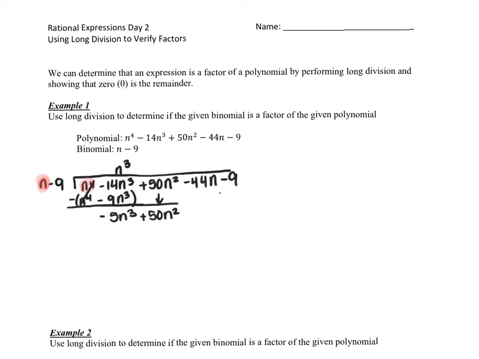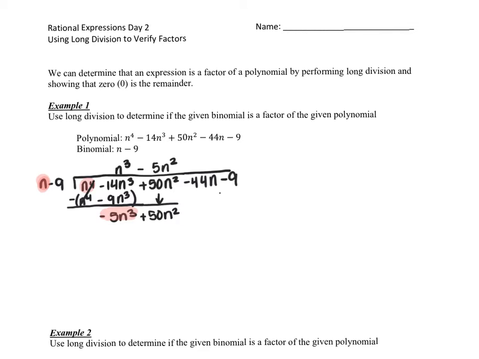Still the same thing, first with first. So how many times does n go into negative 5n to the third? What do I need to multiply n by to get negative 5n to the third? You should be telling me negative 5n squared. So now we're multiplying negative 5n squared times n, and negative 5n squared times negative 9.